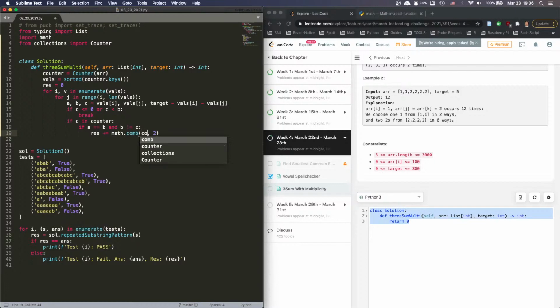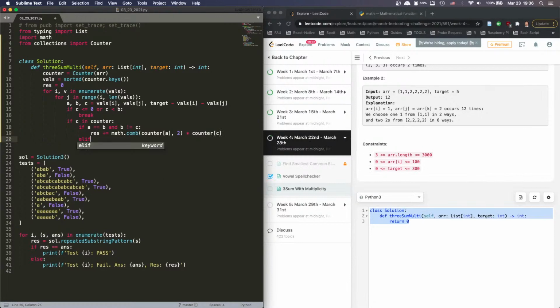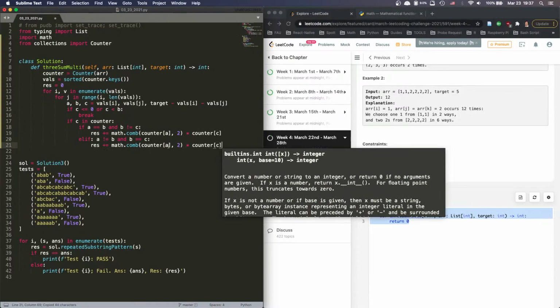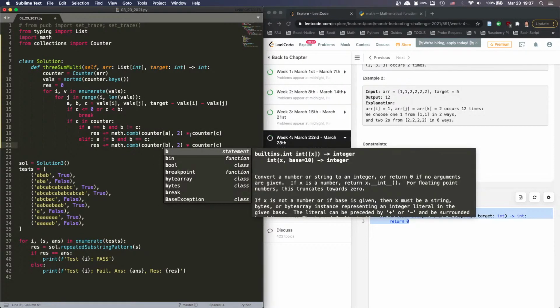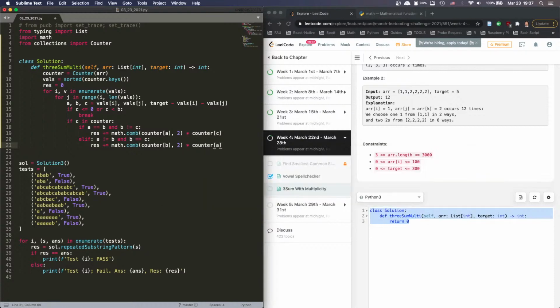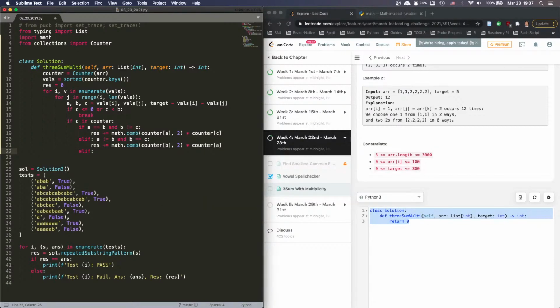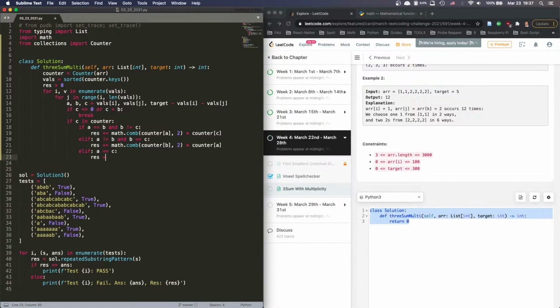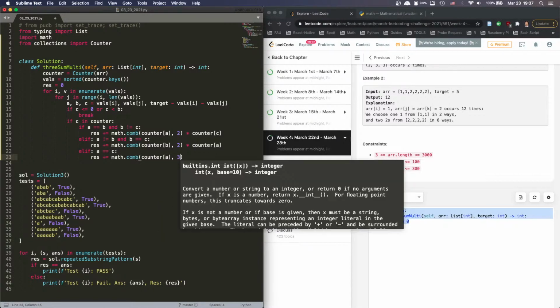So counter A choose 2 times counter C. If A not equal to B and B equal to C, then this one will be B and then A. If A equals B and A equals C, which means all three are the same, then res plus equal to math.comb counter of any one and then choose 3.